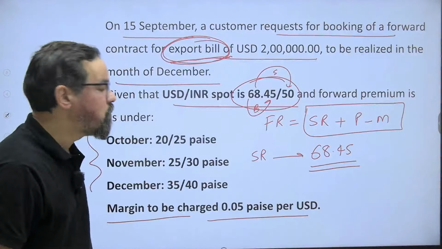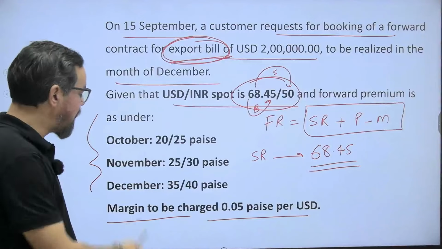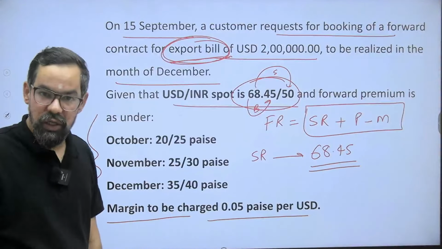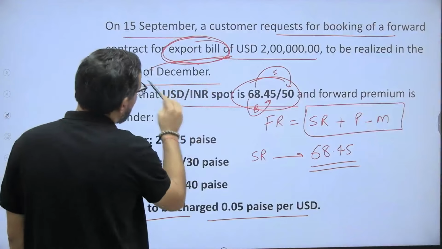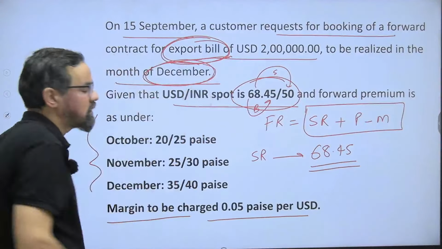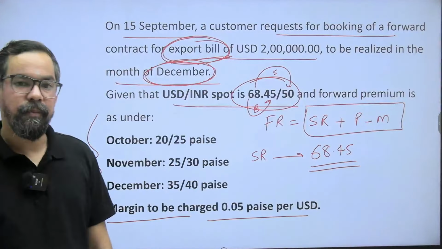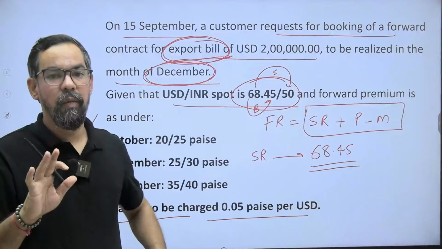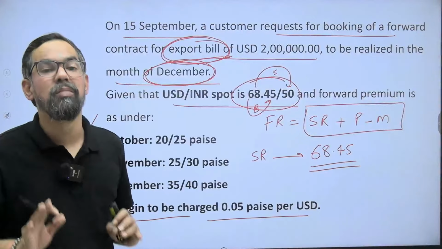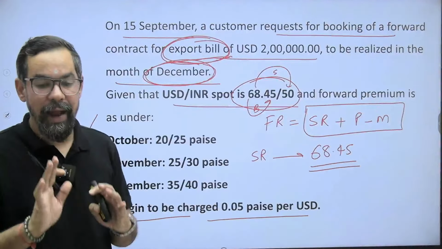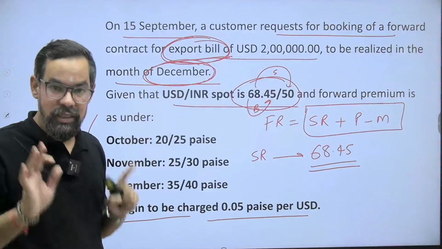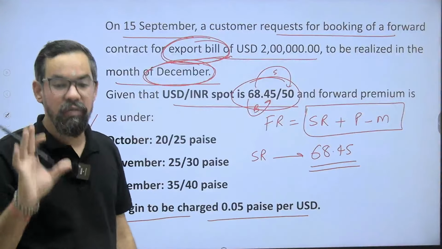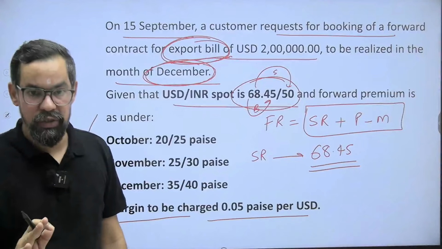Now the premium. They have given 3-month consecutive premium. So in this case, you have to remember the month. They are asking you to calculate this forward rate for the month of December, and as there is no date mentioned here, in this type of situation you have to always assume this is for 1st December, right?